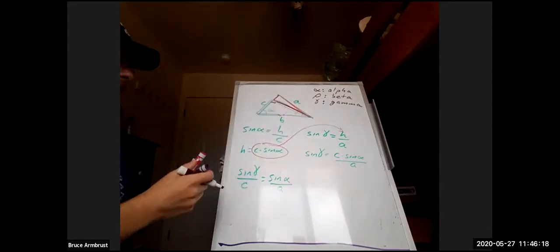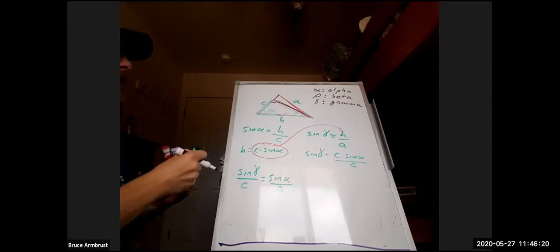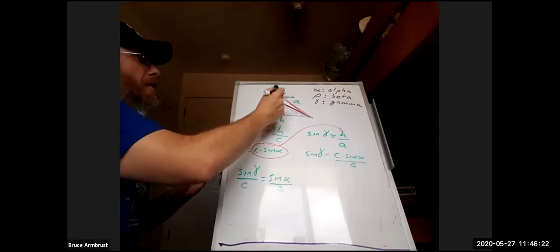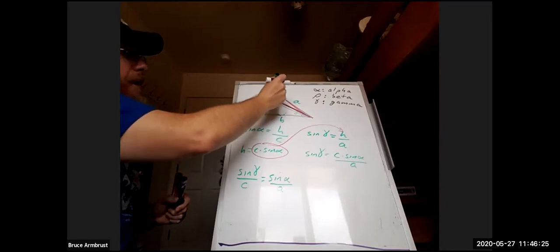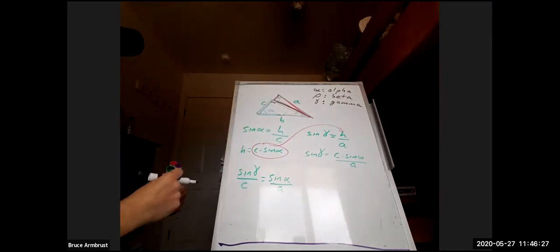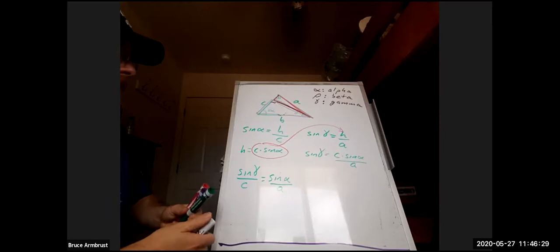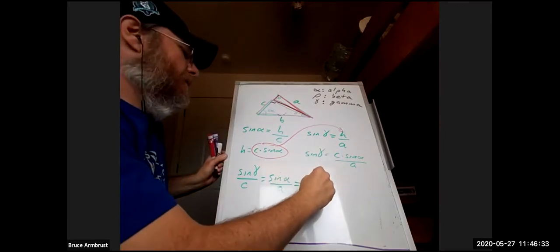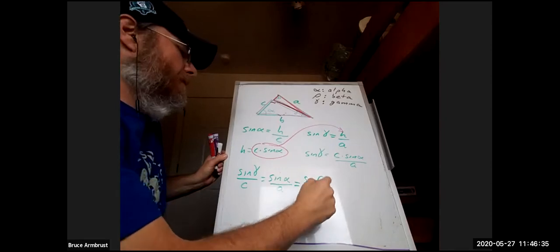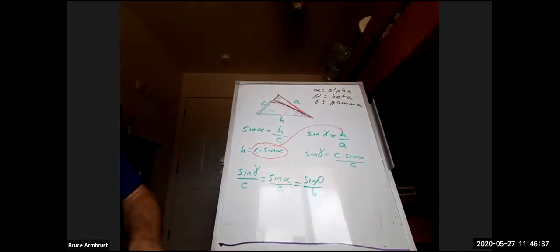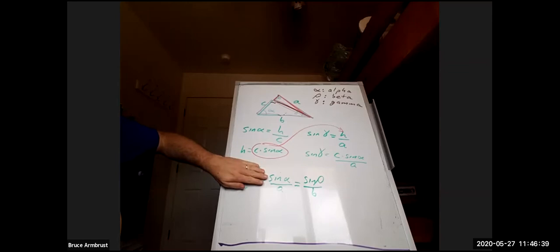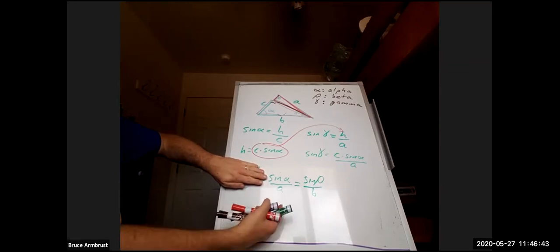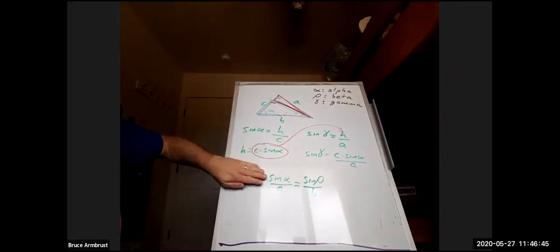And I could have done exactly the same thing, but using alpha and beta. And what we would have found is that sine of alpha over A was actually also equal to sine of beta over B. So if I were to cover up this piece over here, this is what we would have found using that perpendicular.